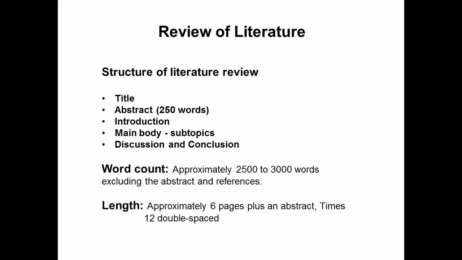And the structure of a review article, basically you will have first of all a title. Of course, you select the title or question that you're interested in writing about, and then the abstract, about 250 words to summarize the information that you want to write for the review article, and then the introduction, main body, and discussion and conclusion.